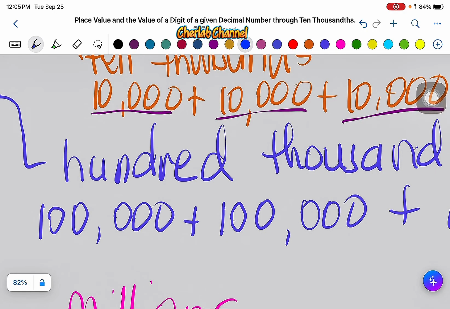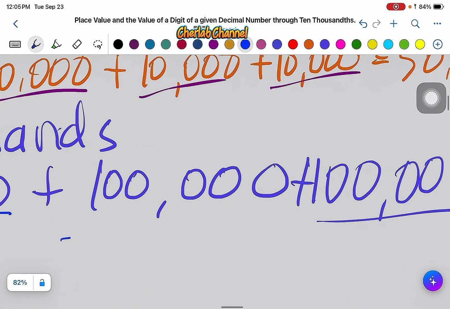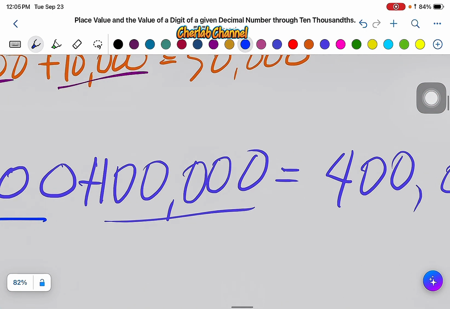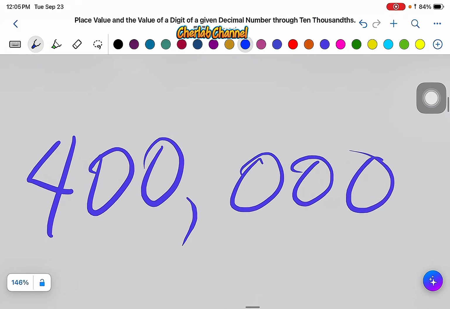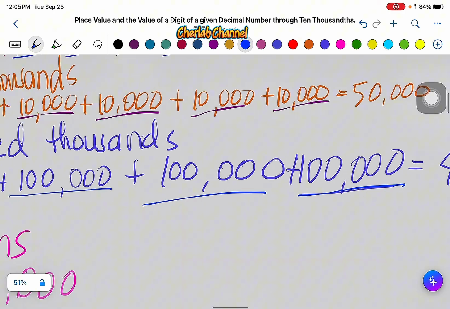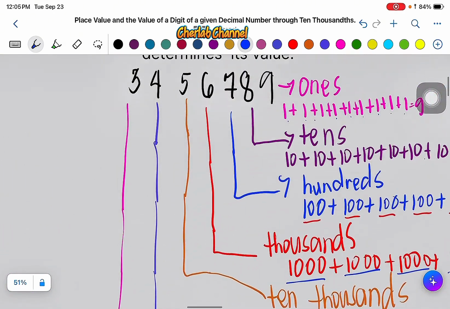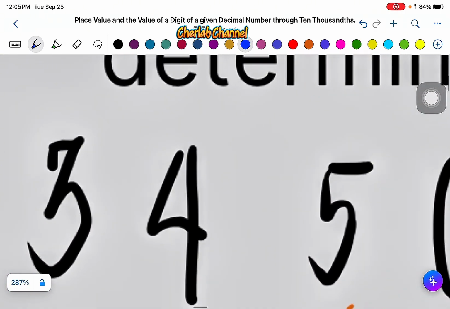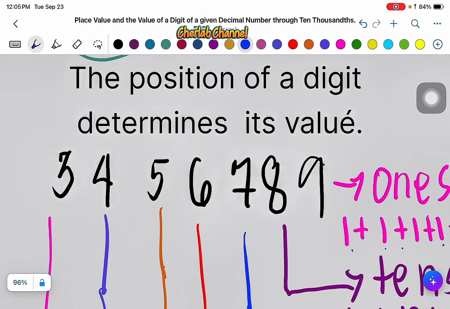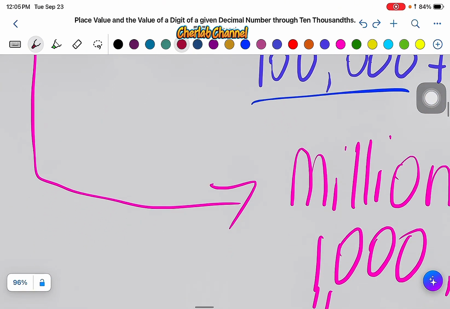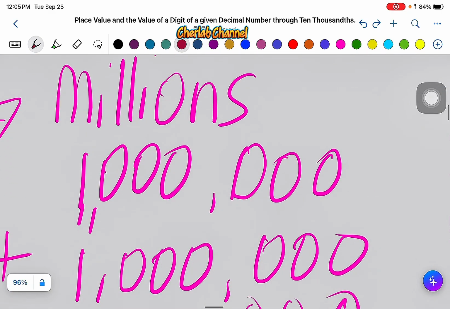So if we have 100,000 plus 100,000, 200,000, 300,000, 400,000, so 400,000 or 4 na tig iisang daang libo. And for the last one, we have number 3, which is our 7th digit. Number 3 would have a place value of millions.